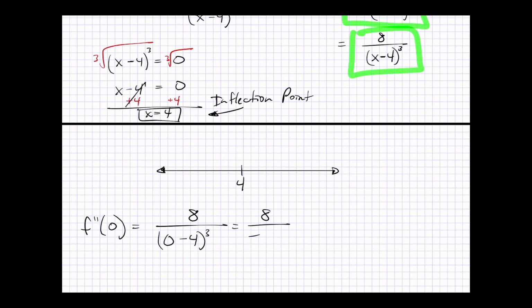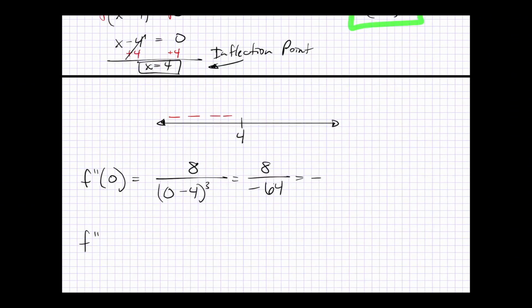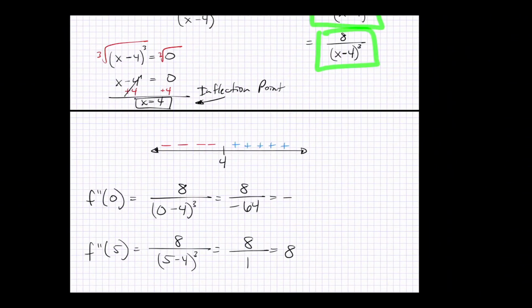And then you're going to cube it. So if you cube a negative, it stays negative. So what is that? I think it's 64. So negative. Okay, so now I'm going to plug in a number bigger than 4. One cubed is 1, so that's positive 8. Okay. So the work is done.